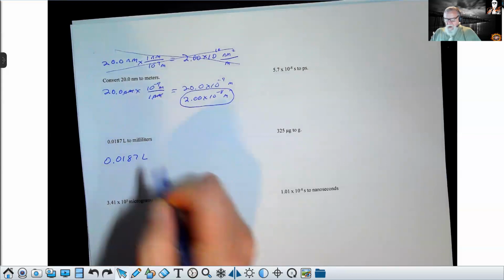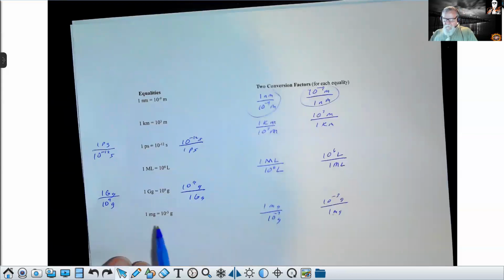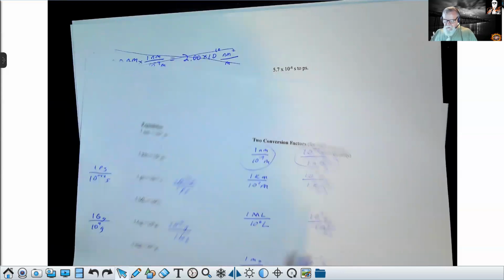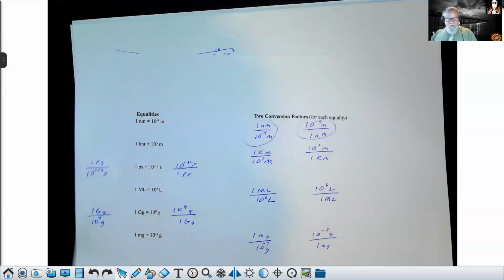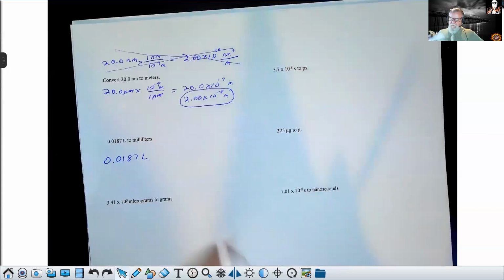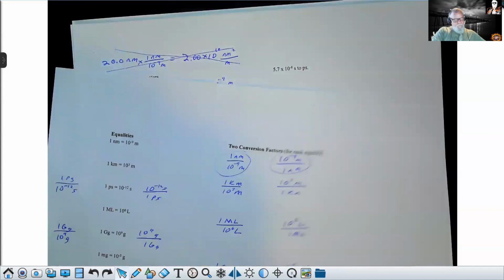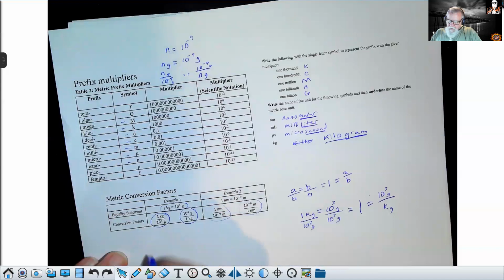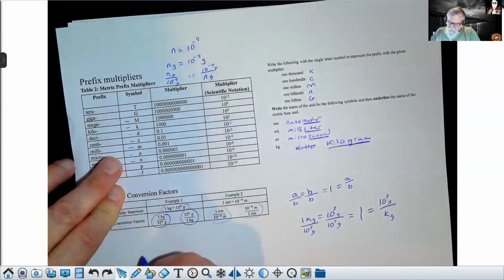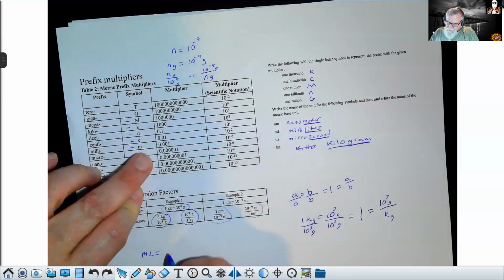So here we have 0.0187 liters. We want to go from liters to milliliters, right? We didn't actually do that one here, but we can do that real quickly. We look at this: milliliter is equal to 10 to the negative 3 liters, right?